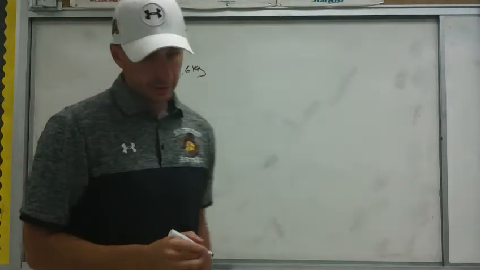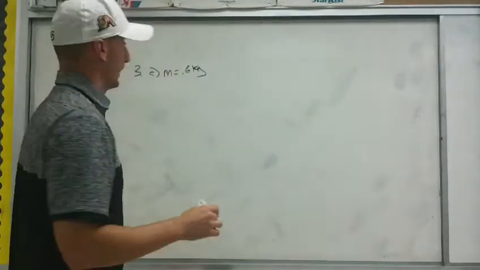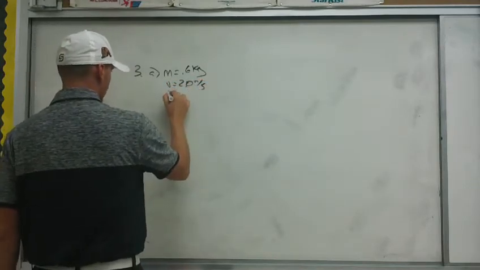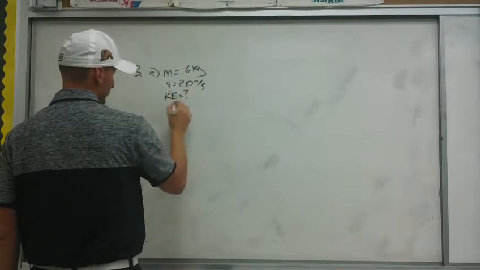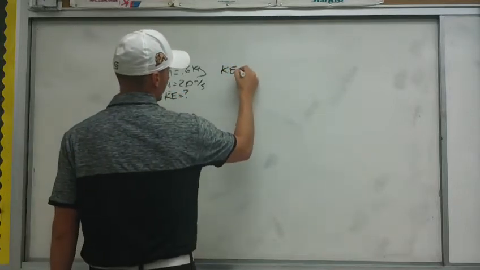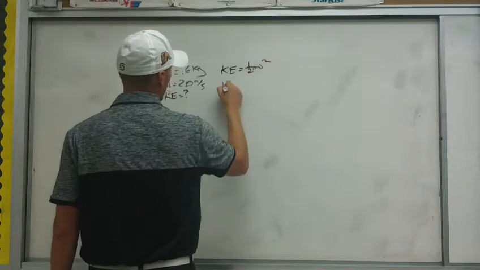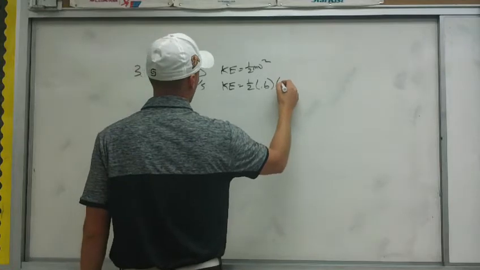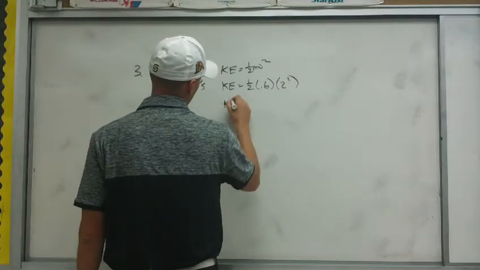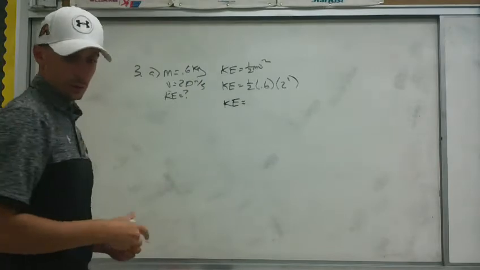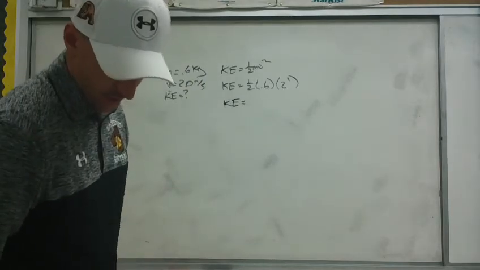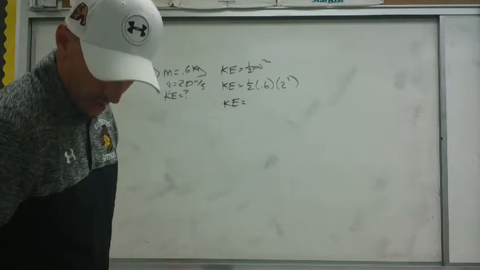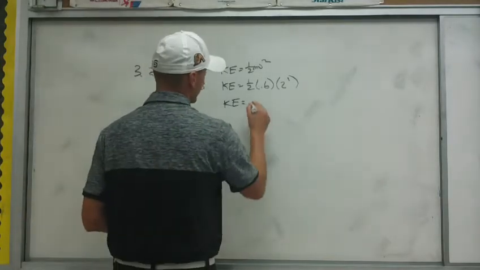It gives me a speed of 2 meters per second. I know velocity, and I'm trying to find kinetic energy. KE equals 1/2 mv squared. KE equals 1/2 times 0.6 times 2 squared. 2 squared is 4. So 4 times 0.6 times 0.5 gives me 1.2 joules.